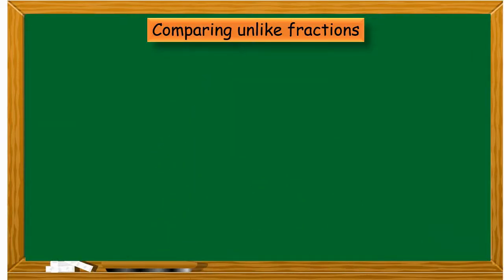Let us learn how to compare unlike fractions. Suppose we have to compare the unlike fractions 3 upon 8 and 2 upon 5. Let us take an example to see how this is done.